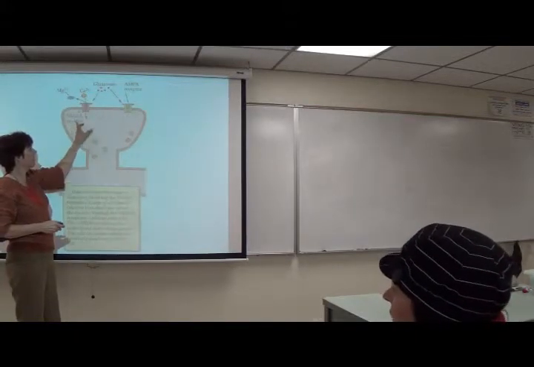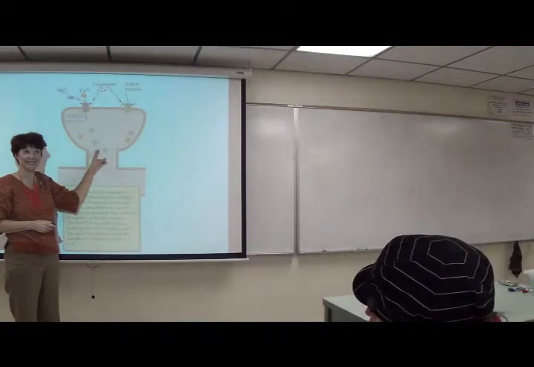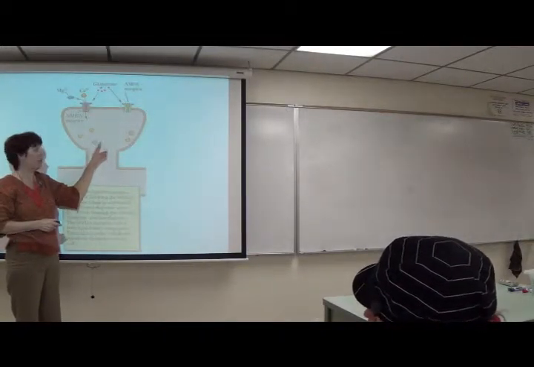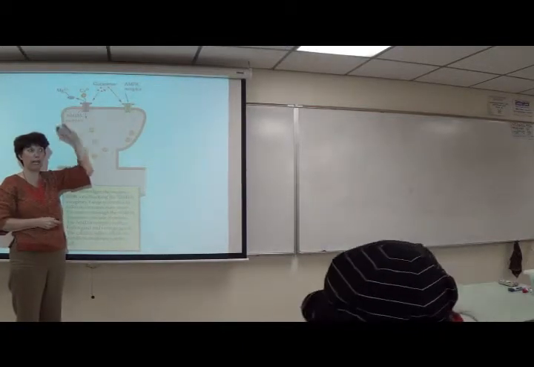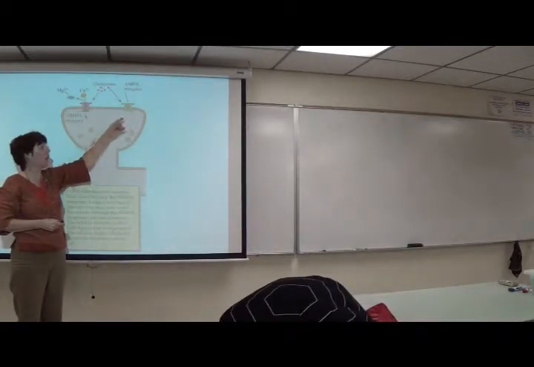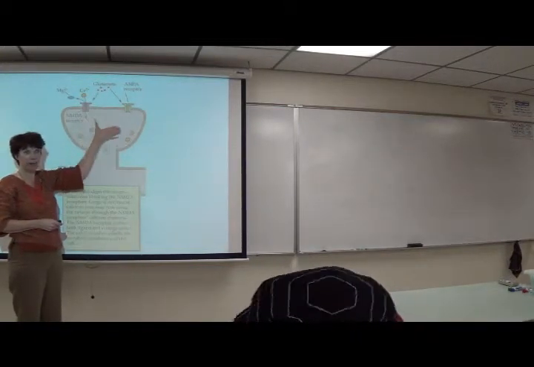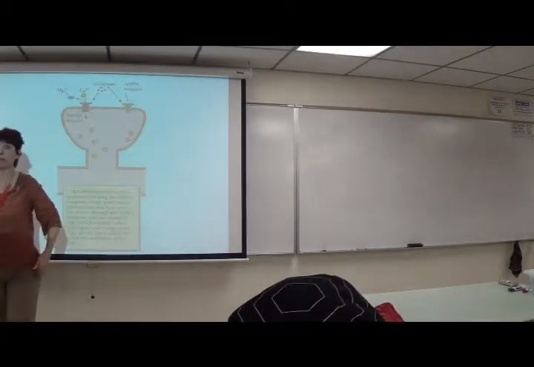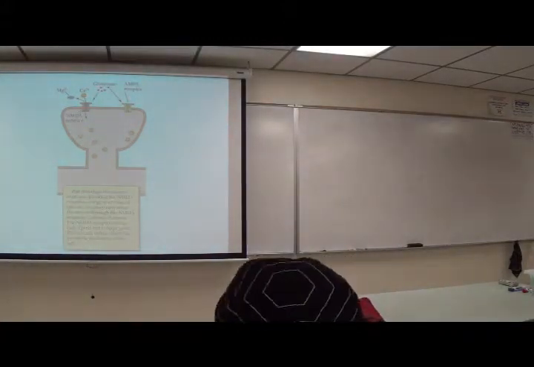And then once magnesium leaves, calcium will come into the neuron. So the AMPA receptor and the NMDA receptor, they're both receptors for glutamate, they're both ionotropic receptors. One opens for sodium, one opens for calcium, but both of them are going to increase the number of positive ions inside the cell. All right.